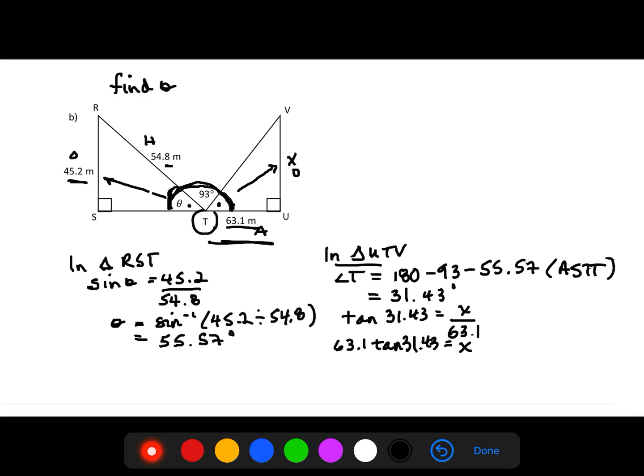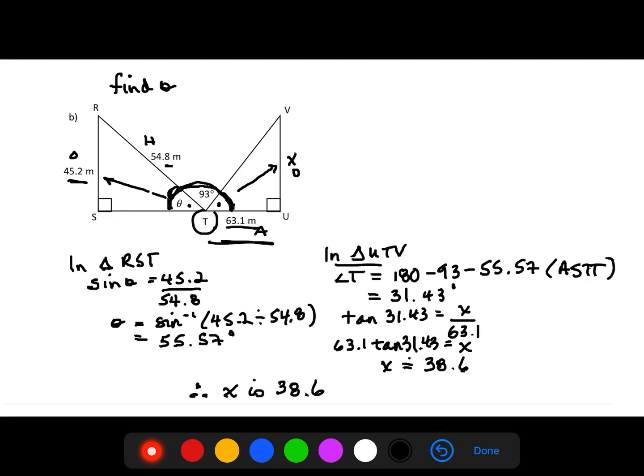And that's exactly how we put it into our calculators. 63.1 times tan 31.43, which means x is equal to, now this is our final answer, so we can round this to one decimal place, and we get 38.6.